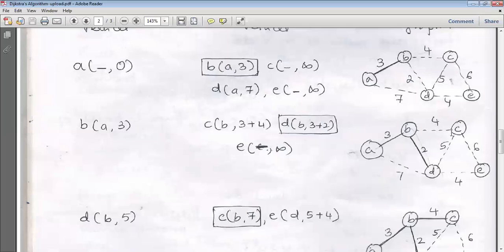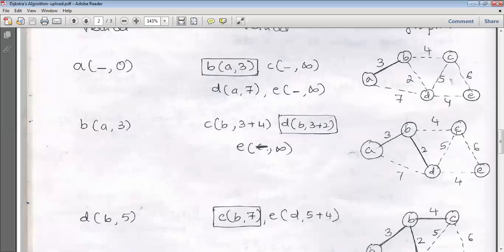So how I'll reach C is not from B to D, D to C, but instead I'll reach from B to C. That is because 3 plus 4 is 7. If I go this route, 5 plus 5 is going to be 10.